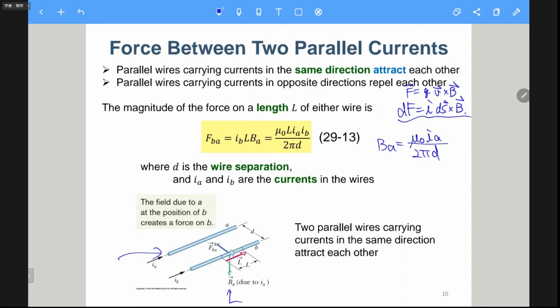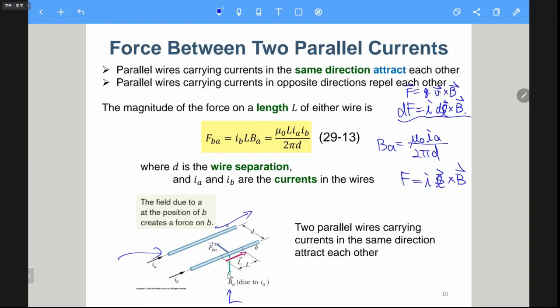Because they are parallel, you can always define the distance between them. According to the Lorentz force, F can be written as I times L cross B. L follows the direction of IB, so L is in this direction, and B is pointing downward because of the right hand rule: your thumb points in this direction, and your forefinger points downward.